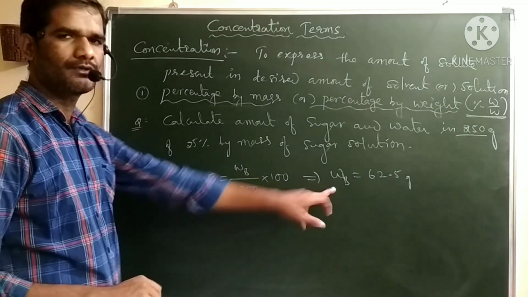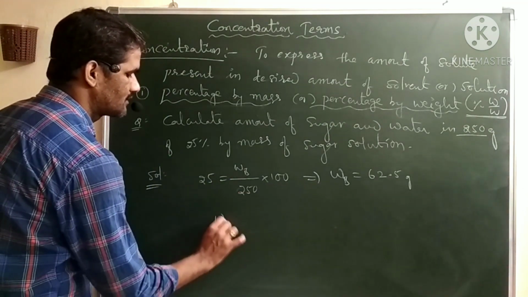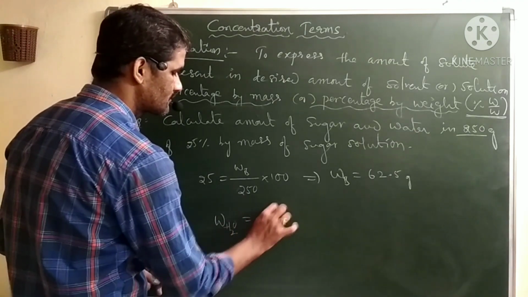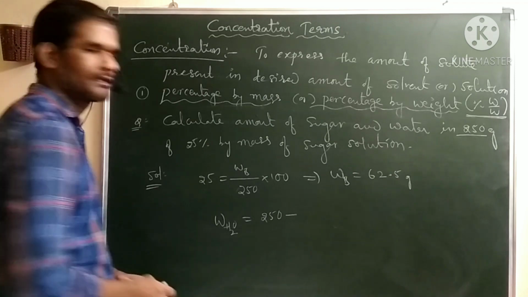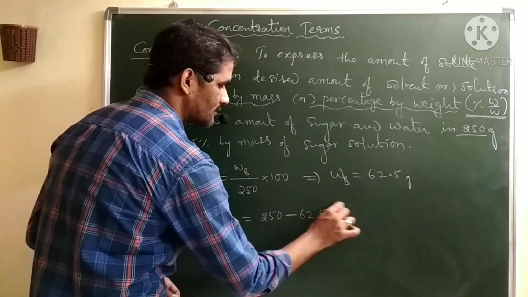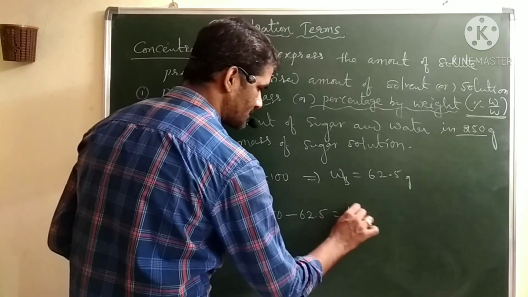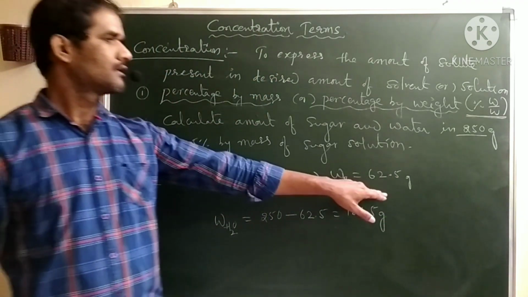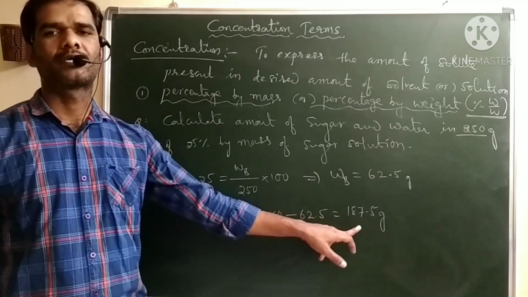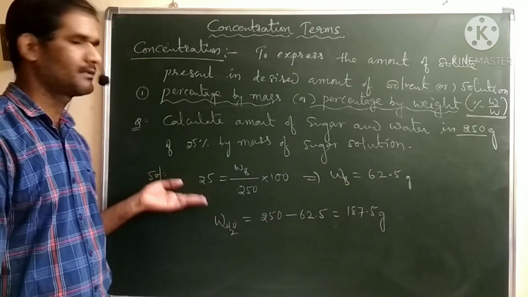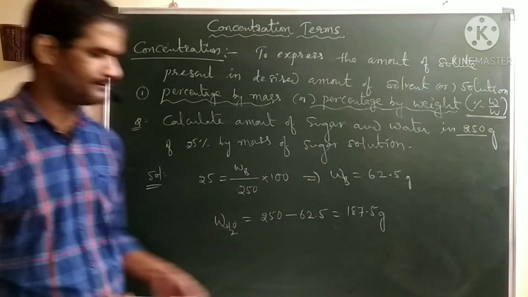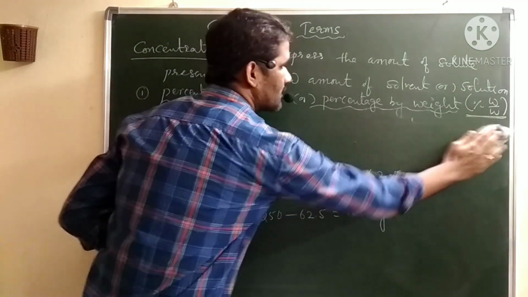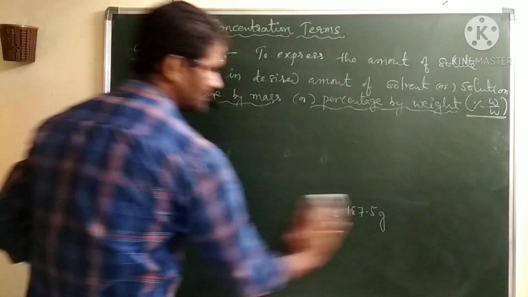Once you know the weight of solute, now the weight of solvent, that is the weight of water: total weight is 250 grams, subtracting the solute weight gives 187.5 grams. This is the weight of sugar and this is the weight of water. So in reverse, if they give percentage by mass, you can apply the same formula. And this is percentage by mass.